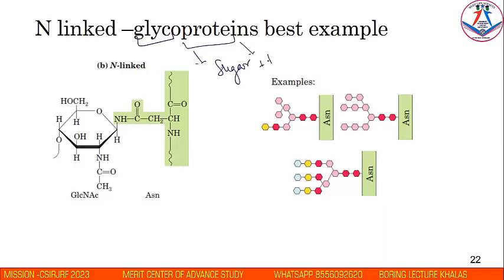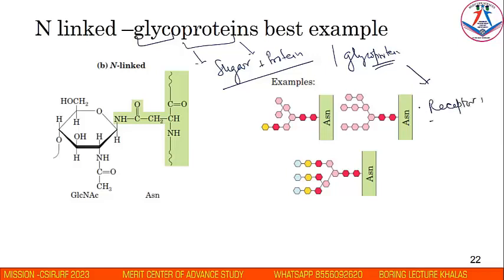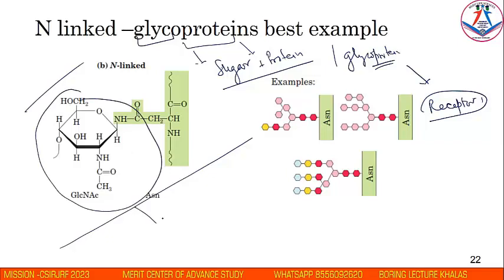When sugar is interacting with the proteins, then this is called glycoproteins. Have you heard about glycoproteins? Yes, sir. What is the role played by glycoproteins? As receptors. Mostly receptors are made up of glycoprotein. Whenever your body is going to identify between a foreign molecule and our own molecule, this sugar is kind of acting as a marker.